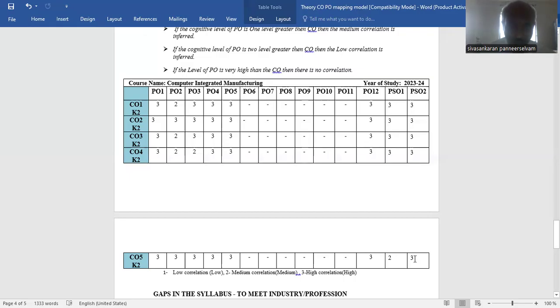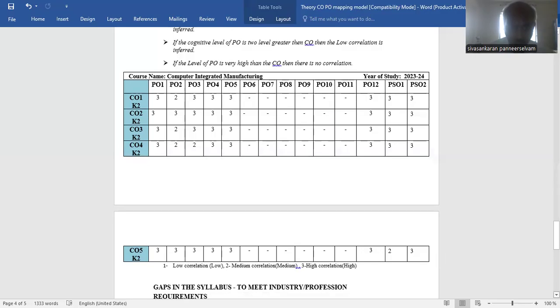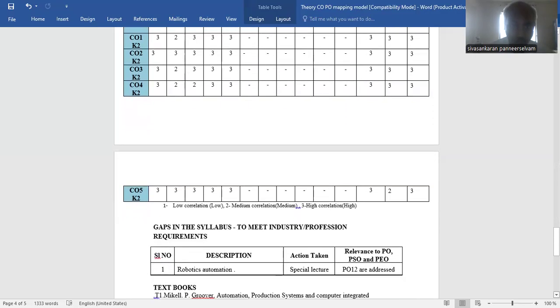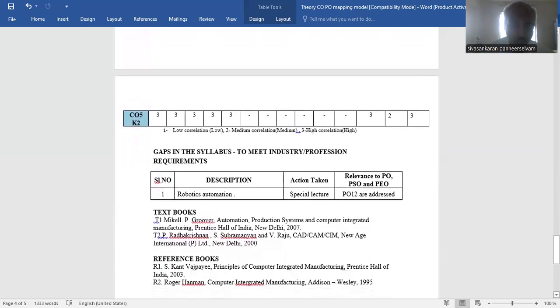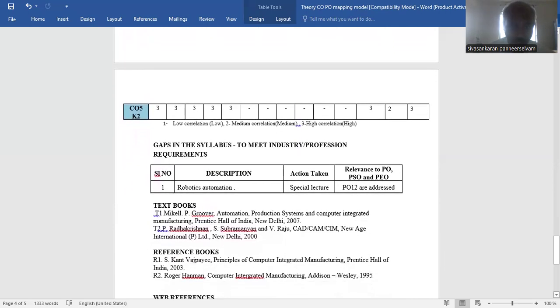So these are the different ways to map the CO-PO matrix table. And after mapping the CO-PO table, identify whether there are any gaps in the subject which you are teaching for the UG students.